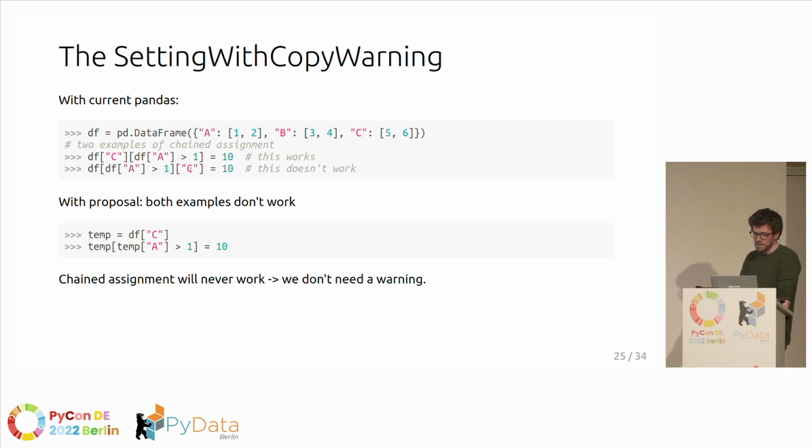And a clear breaking case is, for example, the example that is on the screen right now, where there is a chained assignment, and one of those two currently works, while under my proposal, neither of them would work. And I think that's by far the biggest breaking change, or the one breaking change that impacts the most people, because that's something that actually is being done right now.